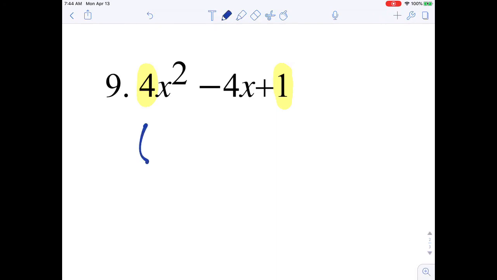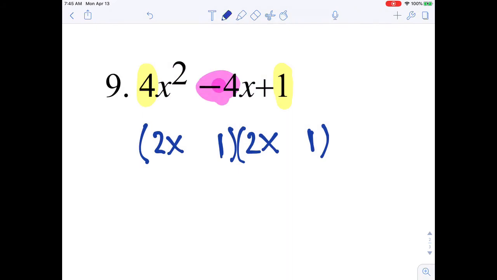So we take the square root of the first term, square root of the third term, and we use the sign of the b. And a lot of times you will see this written as such.